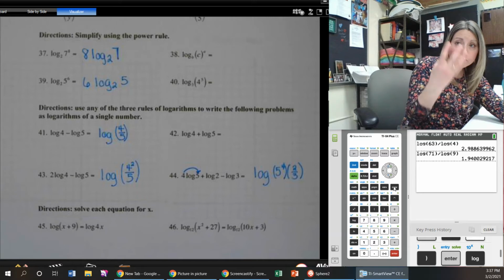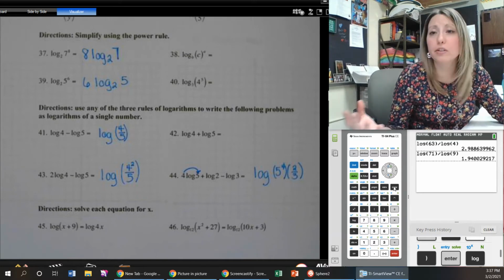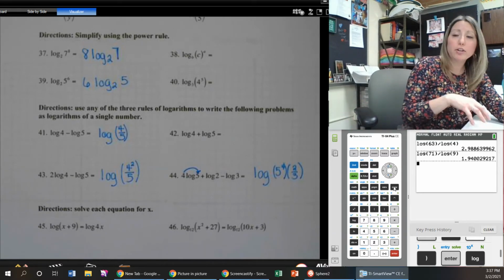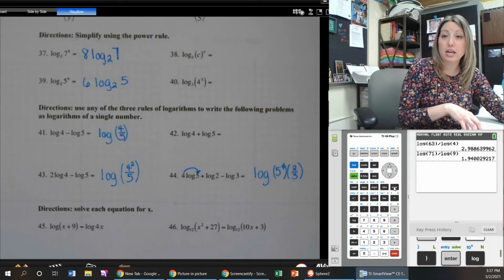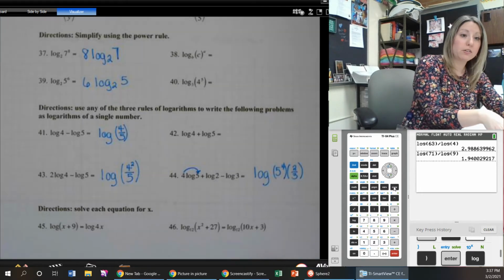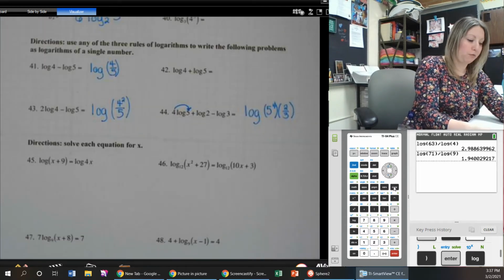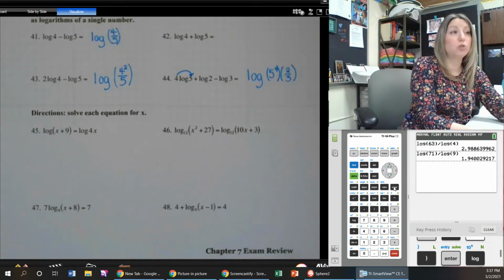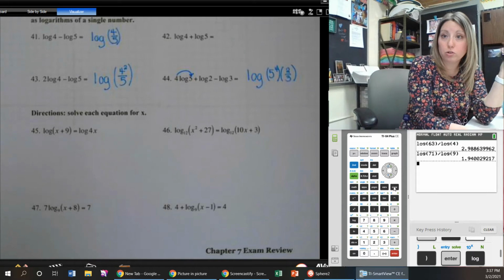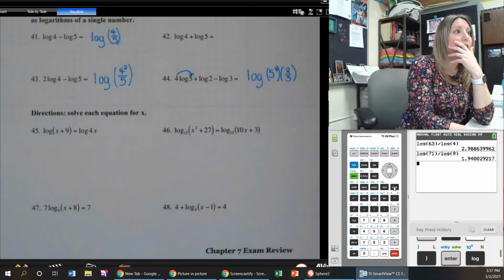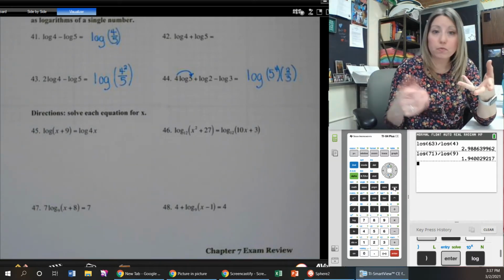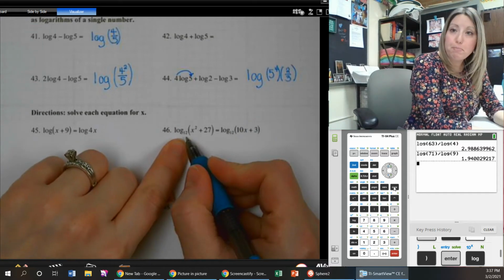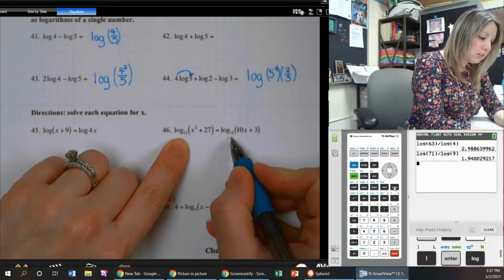Now, why did we do all this log stuff? Because we might run into equations where this would be really handy. And equations like 45 to 48, these are the types of equations you'll see on the test. You will also see exponential equations, which I'll show you in a second. But the rules here apply, right? What's the base on both of these logs? It's 12.